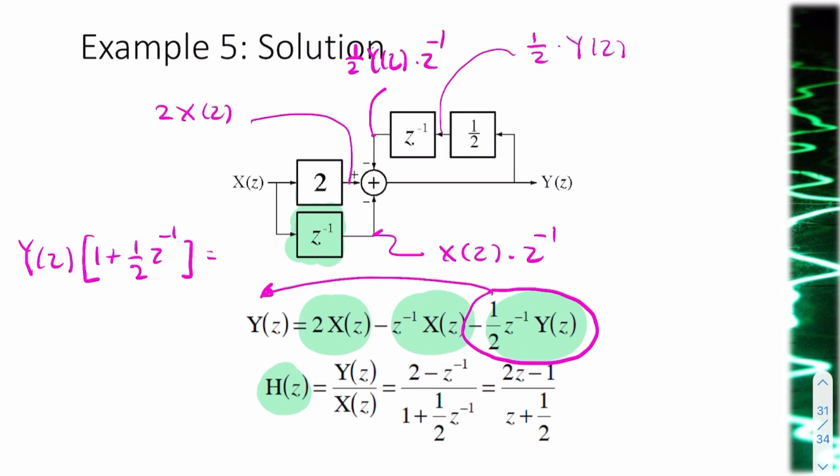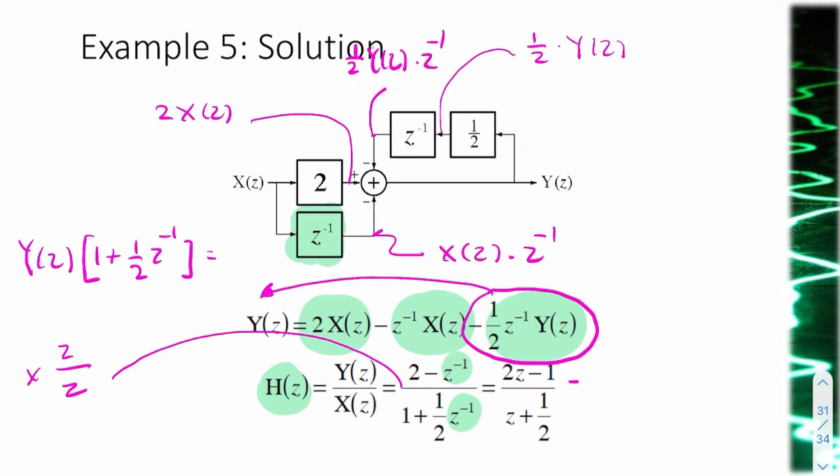And then to find y of z divided by x of z, you'd simply divide both sides by x of z, then divide by that. That would give you that. And then to get rid of the negative powers, you would multiply by z over z. And that'll give it to you like that. And if you want to get rid of that half, you could multiply by 2 over 2.